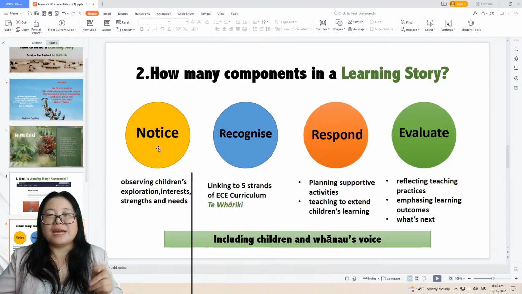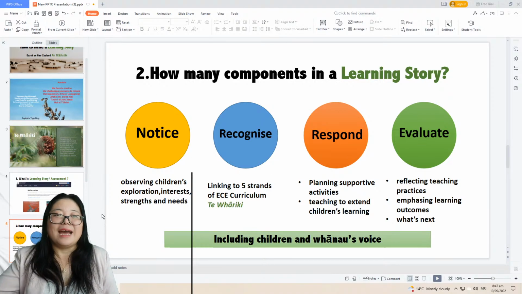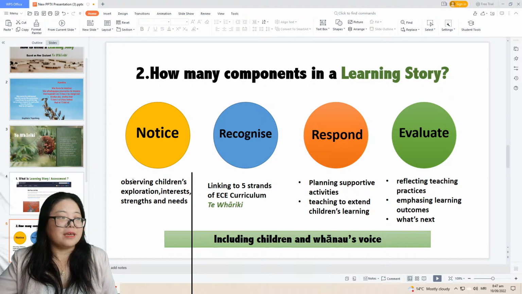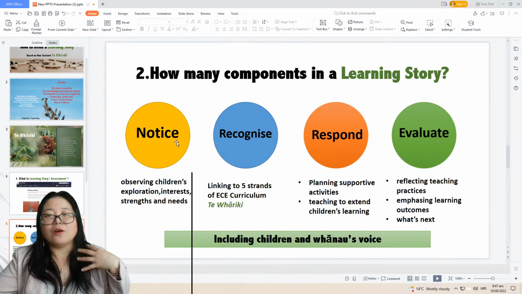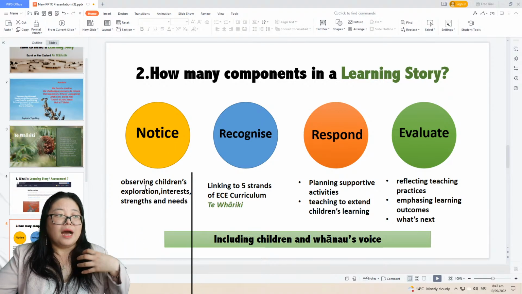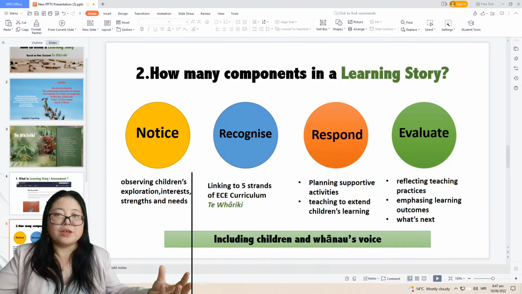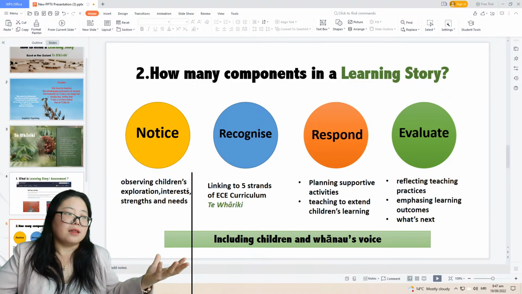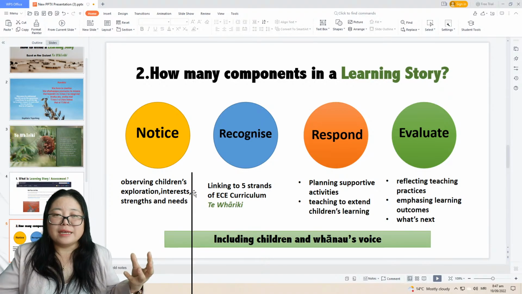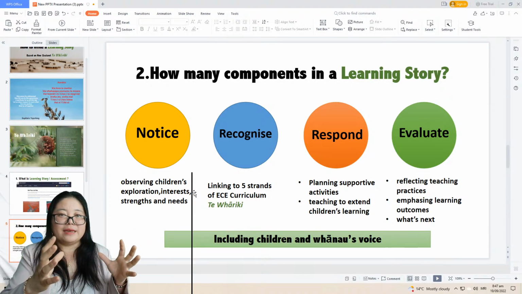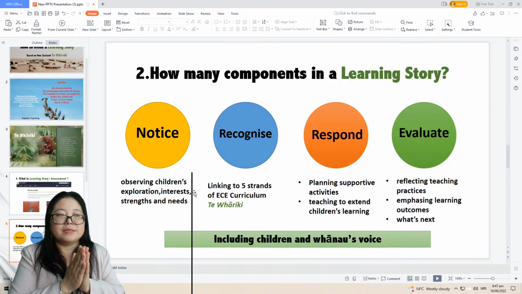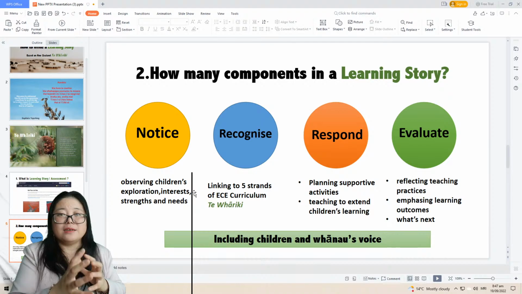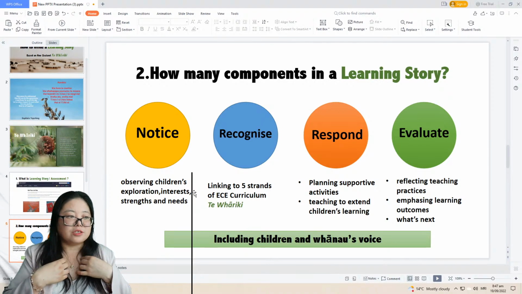The first step is about the notice. As you can see, I explained over here, noticing is about how the teacher observes children's exploration and sees their learning interests and needs in their daily teaching practice in this program. Some children may be interested in drawing, like the learning story I wrote.